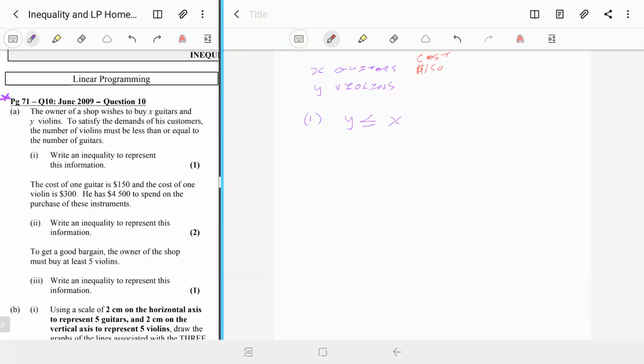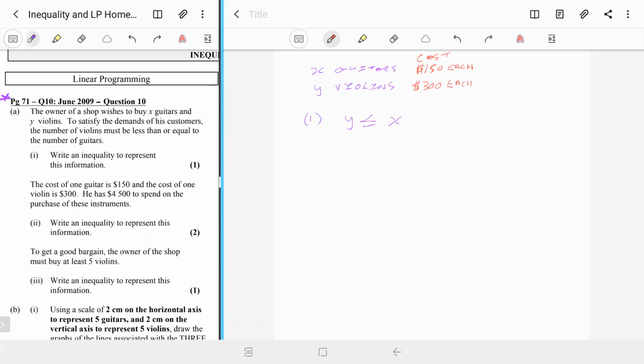Remember, it's X guitars. $150 each is the cost. And the violins are $300 each. $300 for each, meaning for one. And it's Y violins I have.